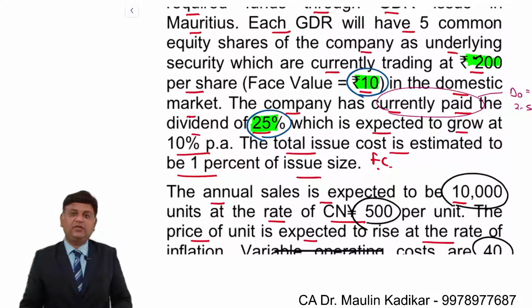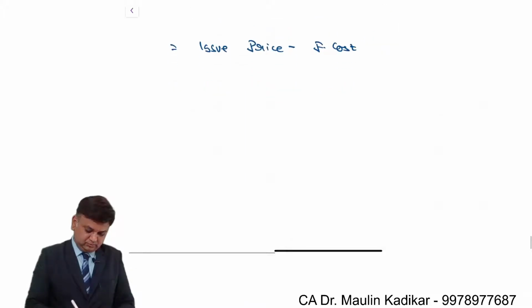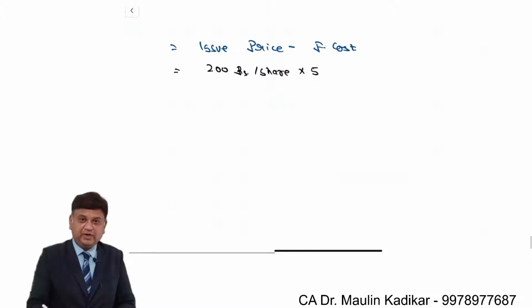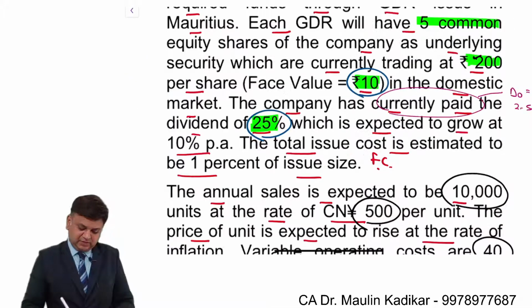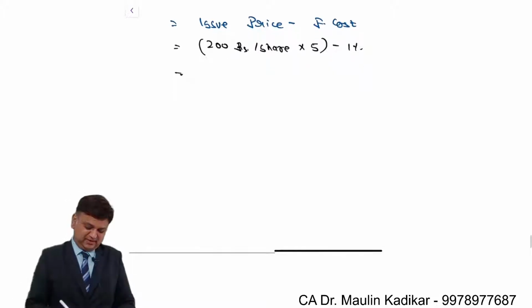So in that case, we'll assume that the issue is at the current price, that is 200, and 1 GDR is equal to 5 equity shares. So 200 rupees per share into 5 minus flotation cost, which is given to us as 1% of the issue size. So minus 1%. So 200 into 5, 1000 minus 1%, 990.